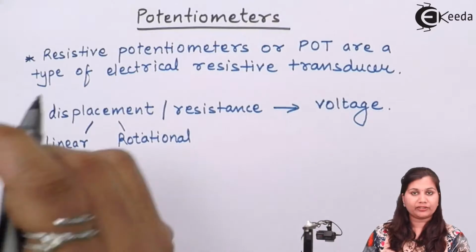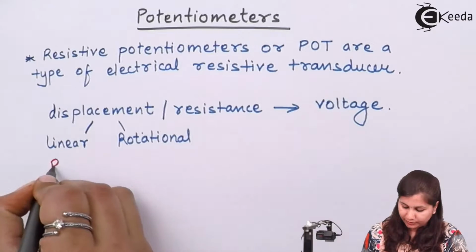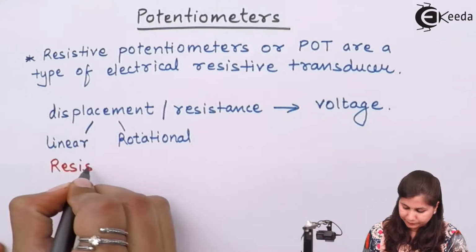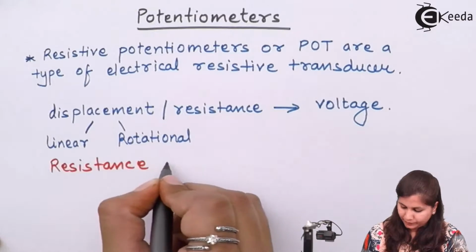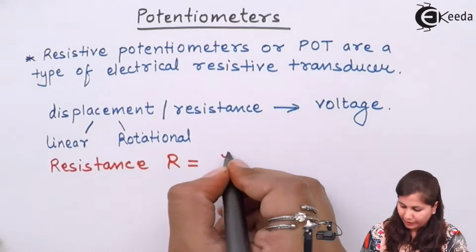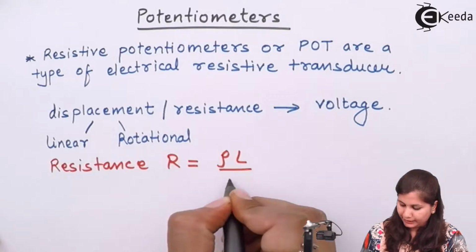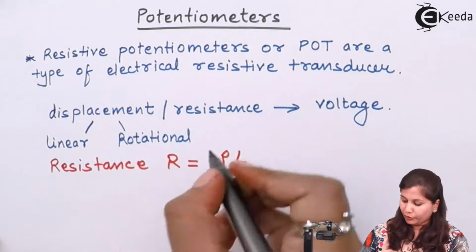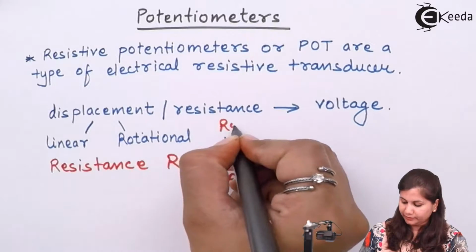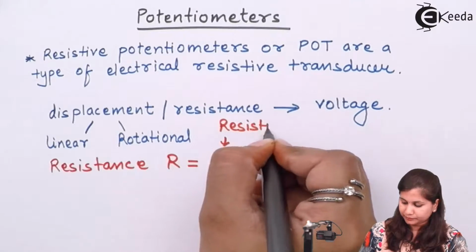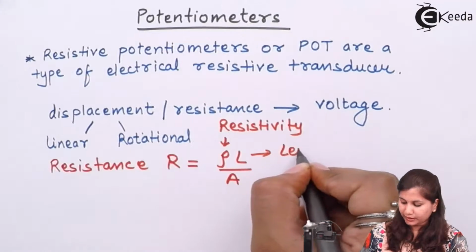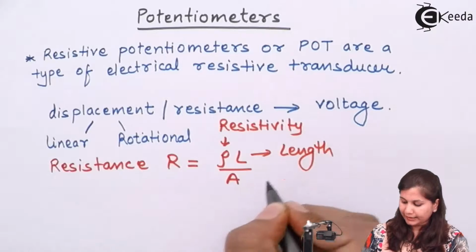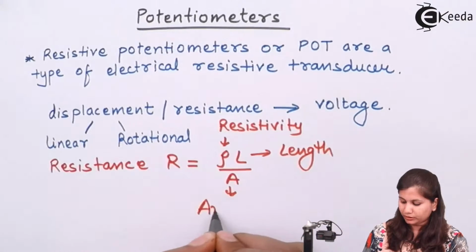If we define the resistance of a conductor, resistance R is given by rho L by A, where rho is the resistivity, L is the length of the conductor, and A is the area of the conductor.